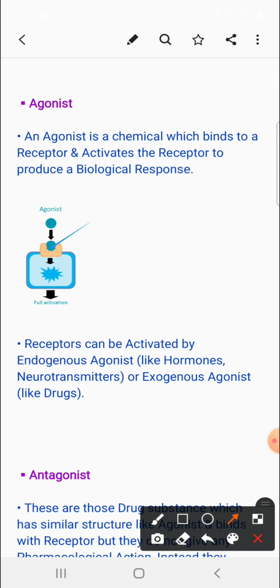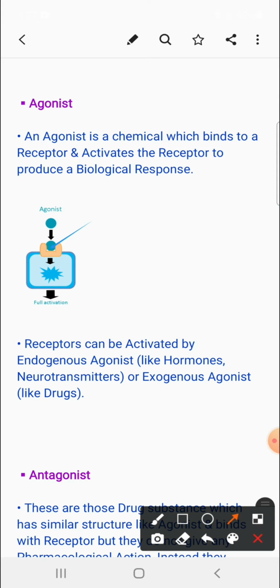Generally, at the binding site in our body, the hormone secretion gets low. So to increase that hormone secretion, we take a drug. The drug binds to the receptor, activates it, and shows the pharmacological action. The receptor will be activated only when an endogenous agonist or exogenous agonist binds to it.